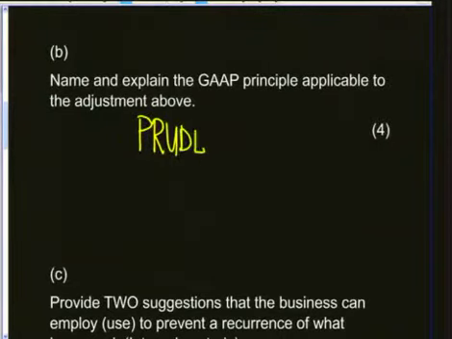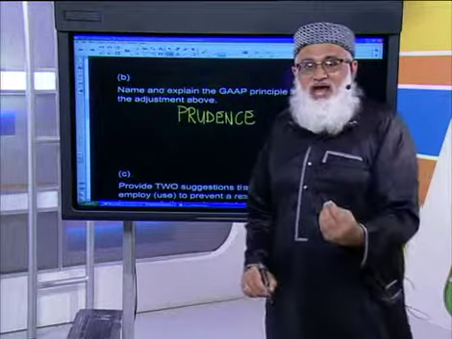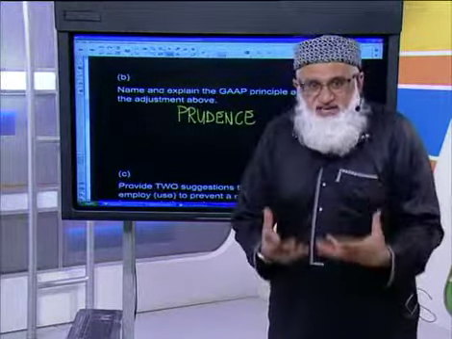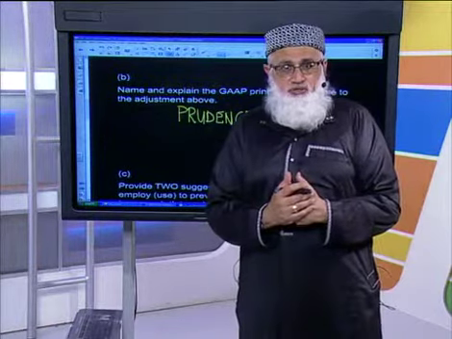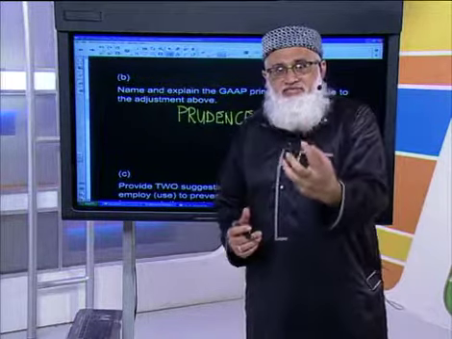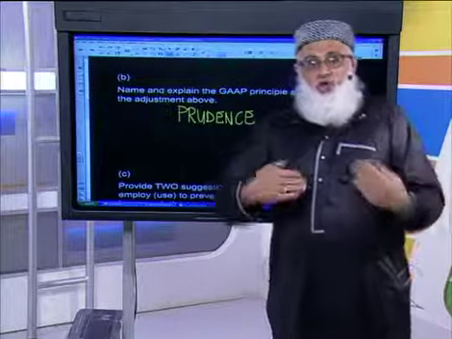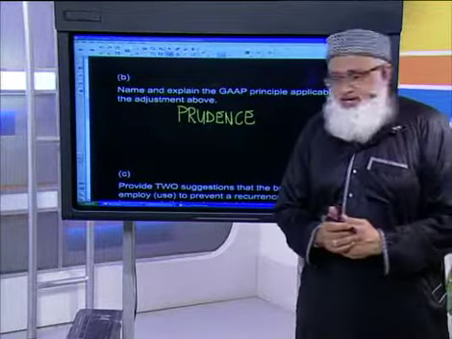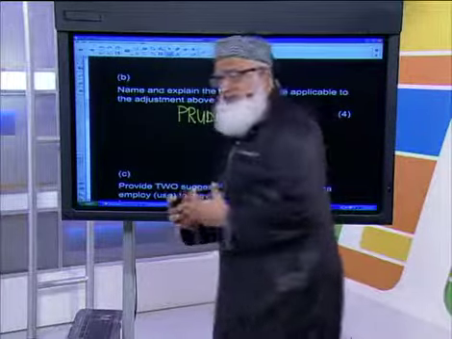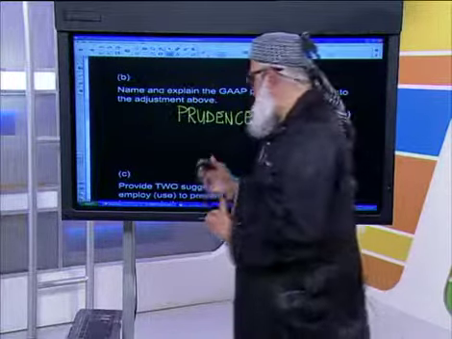And what is this principle all about? The prudence concept means that we are conservative in our approach. What does that mean? It means that we anticipate future losses, but we do not anticipate future gains. So we're adopting a very conservative approach, right?